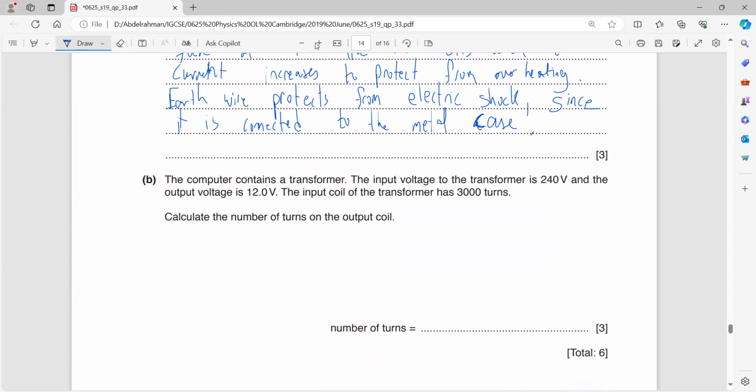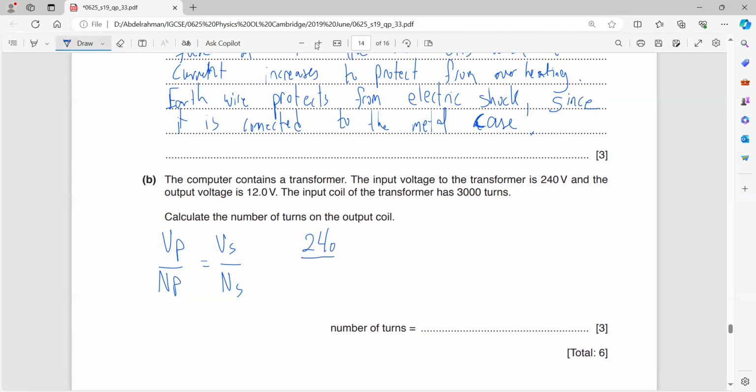VP over NP equals VS over NS. What's the primary voltage VP? 240.